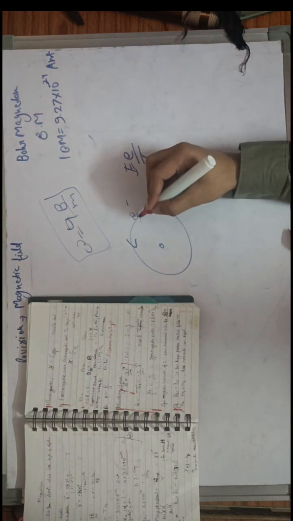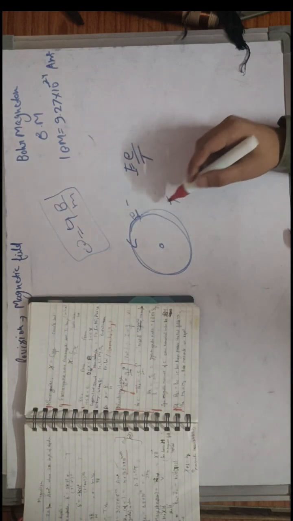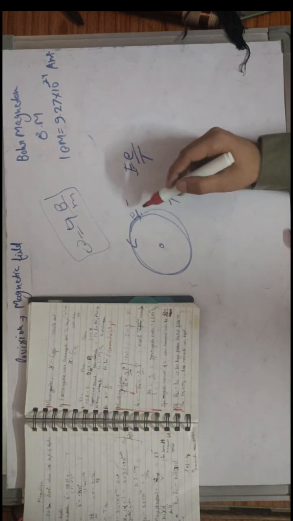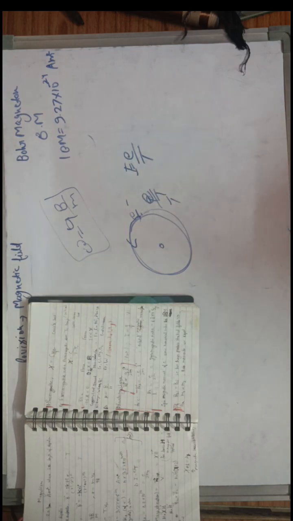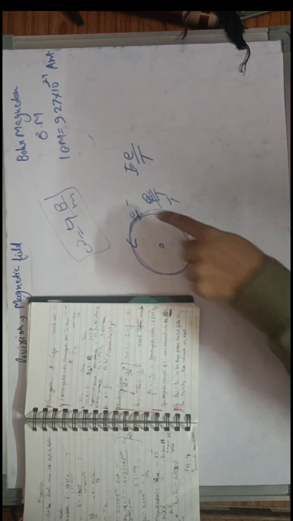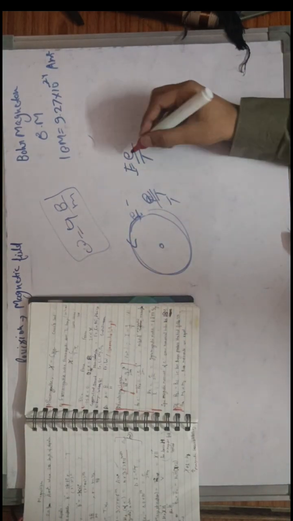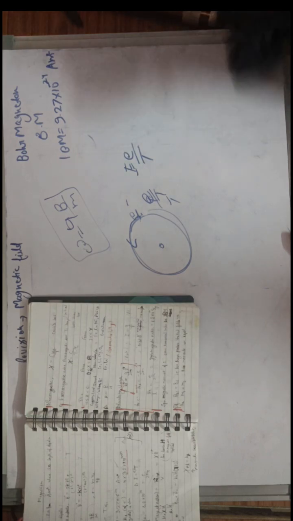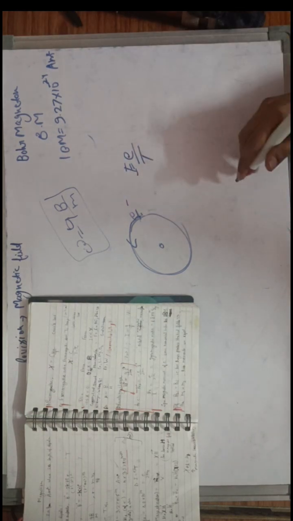Let's say this particle passes through this point after every time T, so the charge e passes through this point after each time period, and the current would be equal to e by T.